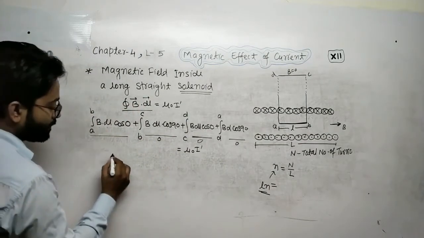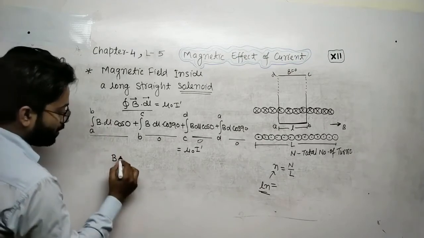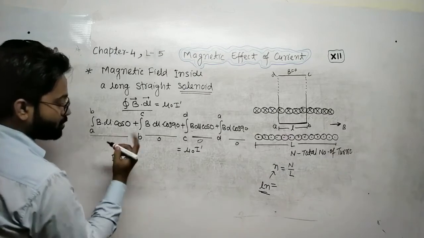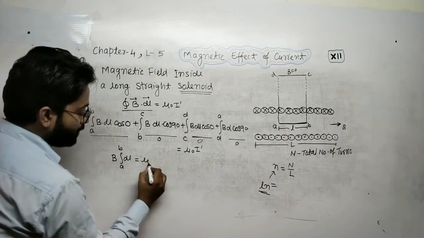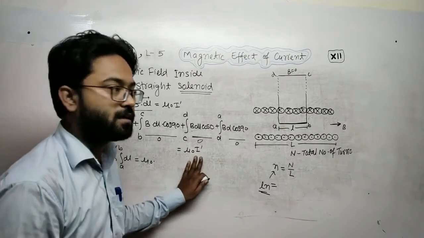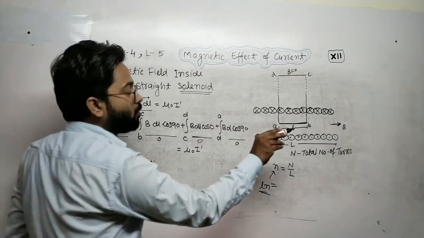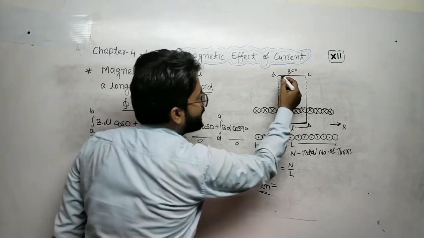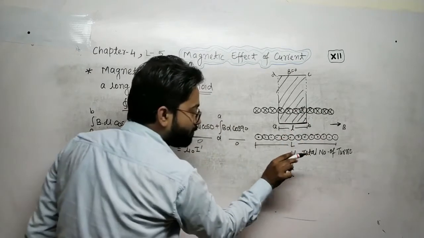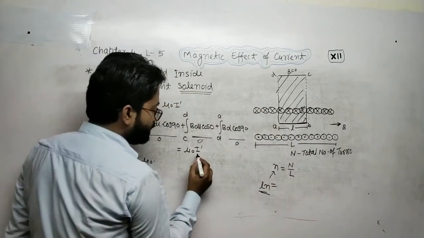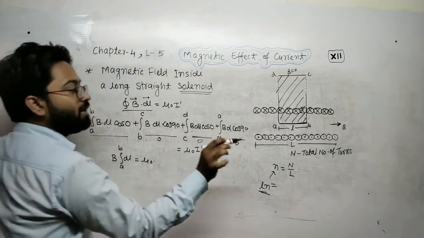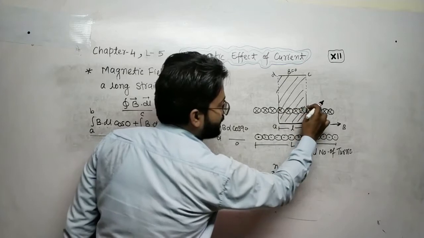This is A to B, where B is constant. You can take it out of the integral: B integral dl from A to B, cos 0 is 1. That is equal to mu naught times net current. What is net current? If only one wire is passing through that area, the net current will be I. But only one wire is not crossing that area.